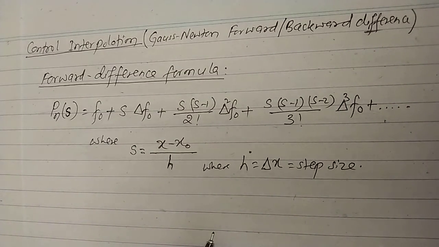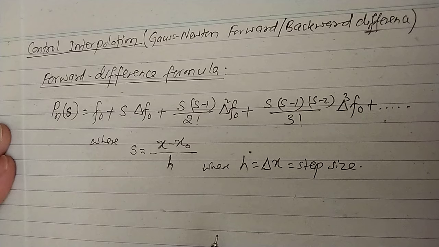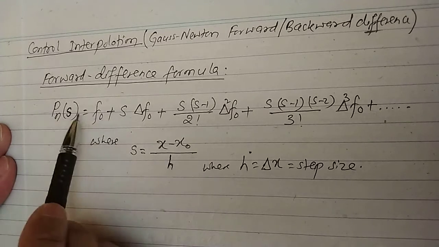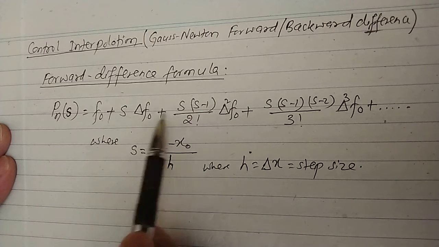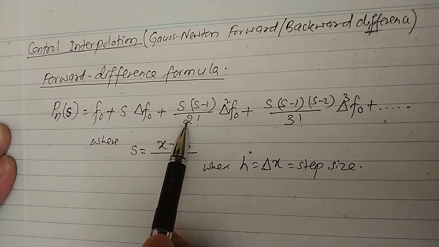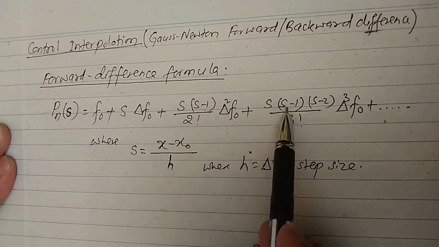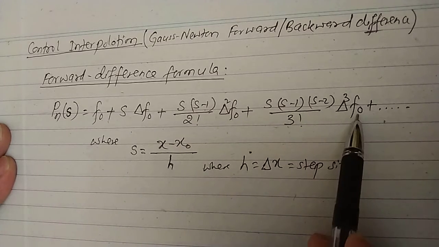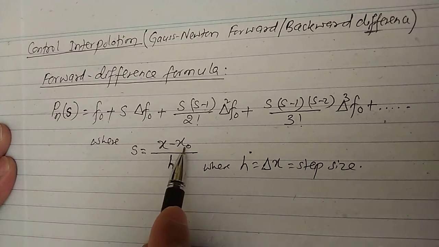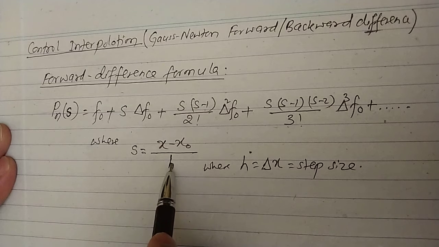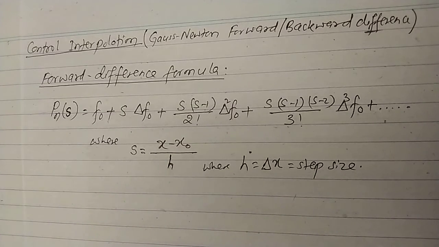That will be easier than Newton's divided difference. So you need to remember the formula: F naught plus s into delta F naught plus s into (s minus 1) divided by factorial 2 delta square F naught plus s into (s minus 1)(s minus 2) by factorial 3 delta cube F naught plus so on, where s is (x minus x naught) divided by h, and h is the interval of x.